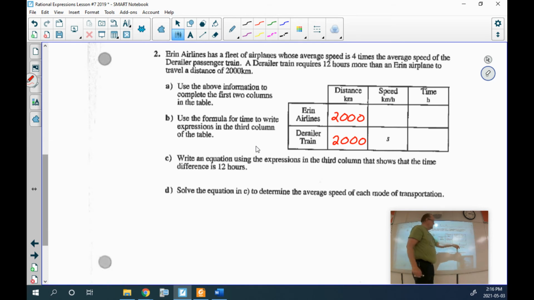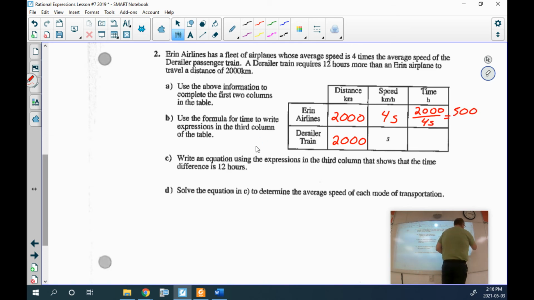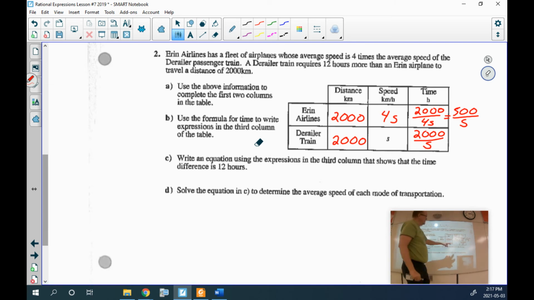So if this guy is S, this guy has to be 4 times S. That gives us our time to be 2,000 over 4S, which is equal to, because it makes the question a little bit simpler, 500 over S. This guy is 2,000 over S. So there's your problem. We've got an expression to represent the time it takes to travel 2,000 kilometers for both of these. Now we have to interpret, if we want the equation, the rest of this.